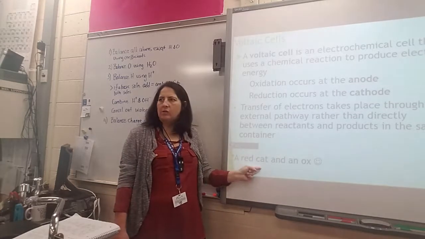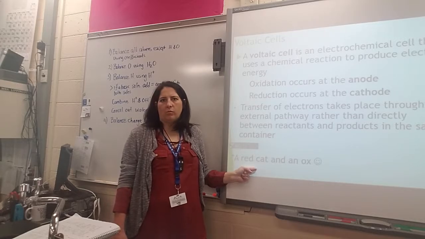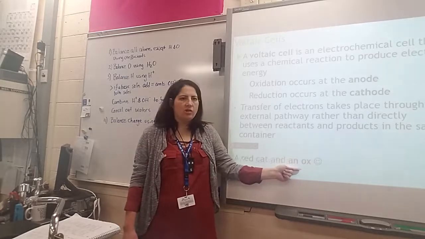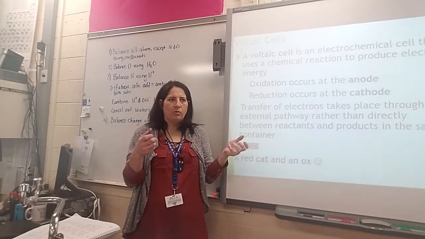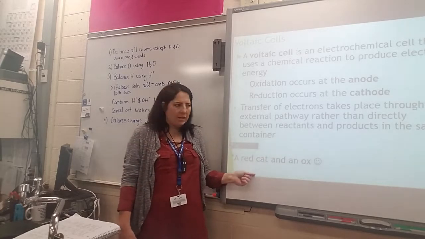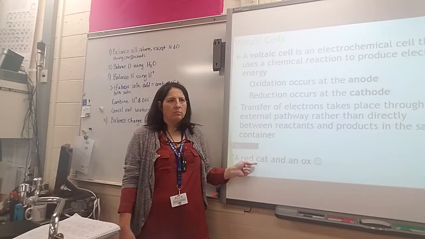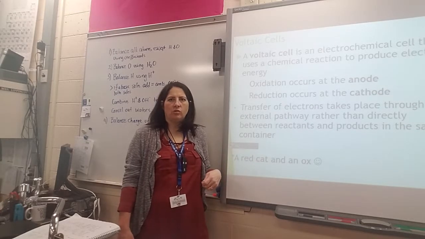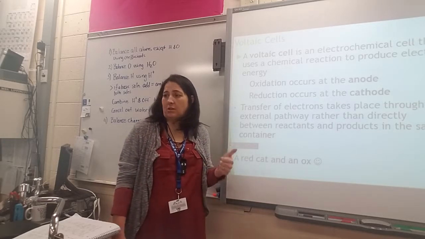The red is where your reduction reaction is happening. That's why they have it as red. The oxidation reaction then is going to occur at the black. And if you have jumper cables, you also have a red and a black that you're supposed to match up. That's where they get the red from for your battery. That's where the reduction reaction is occurring. Trivia? Good?